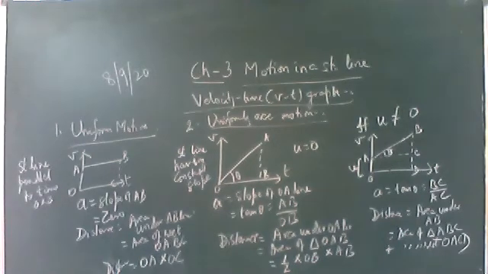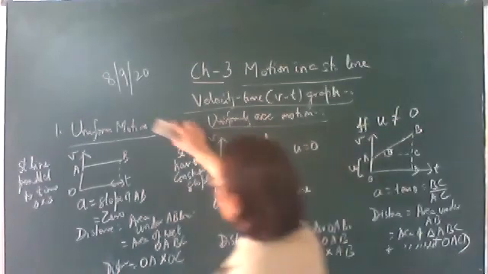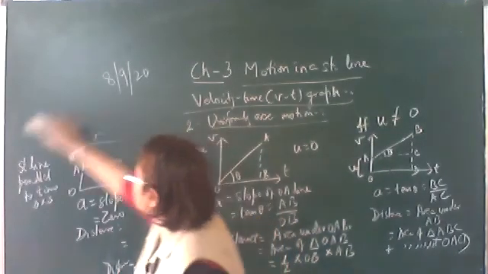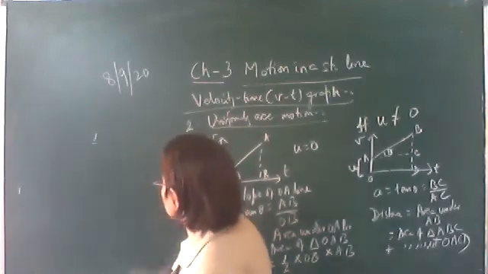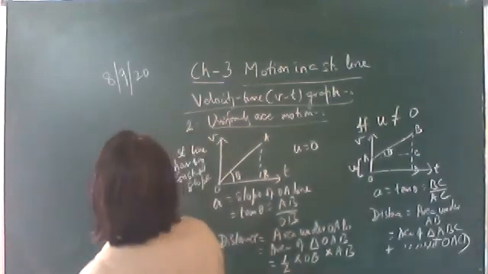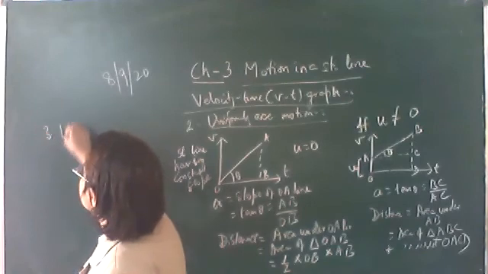For uniformly retarded motion, let's see how the graph will be. Now, the third graph, uniformly retarded motion.